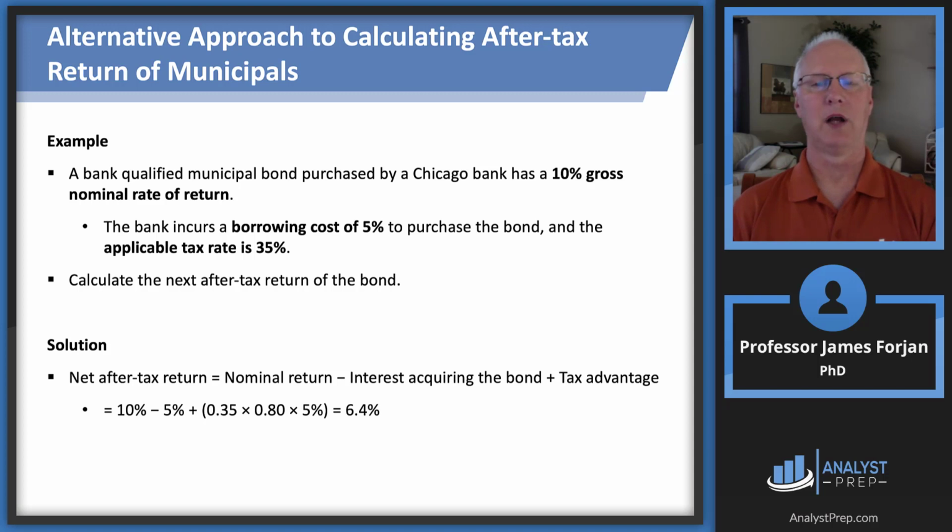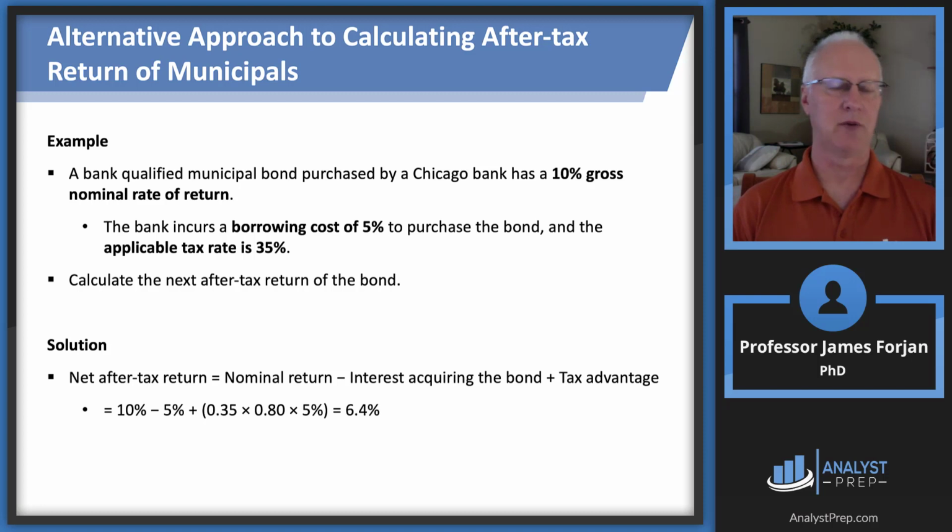So here's just a quick example. A municipal bond, 10% nominal rate of return, borrowing cost of 5. So what would you think? You would think, okay, 10 minus 5 is a 5% kind of an after or a net. What are we calling this? A net return, but we need to consider the taxability of this. And so look down at the solution in the bottom.